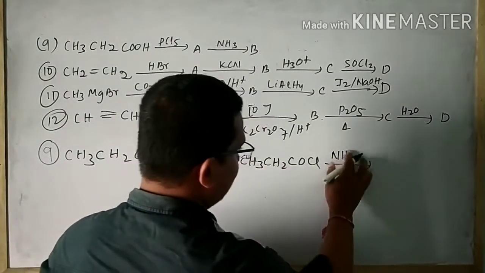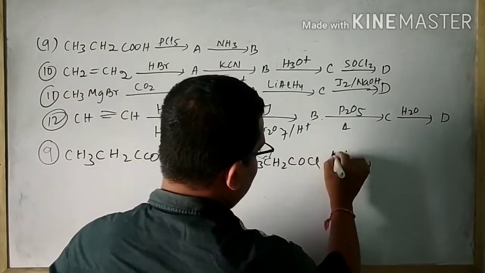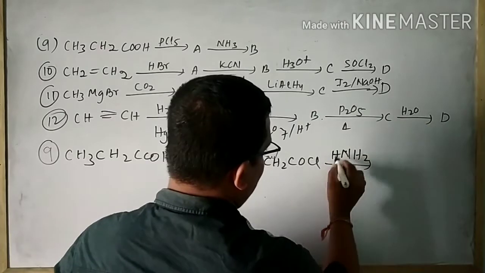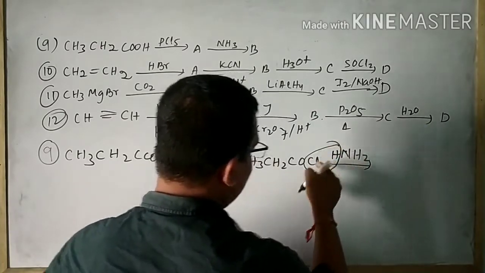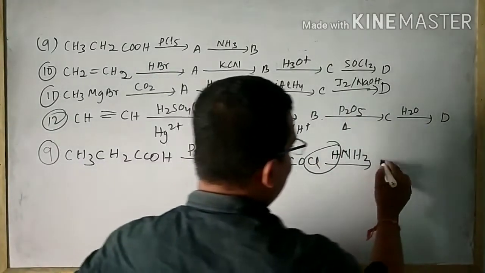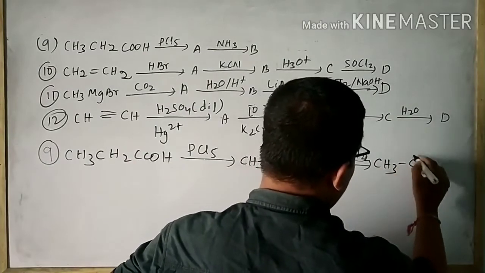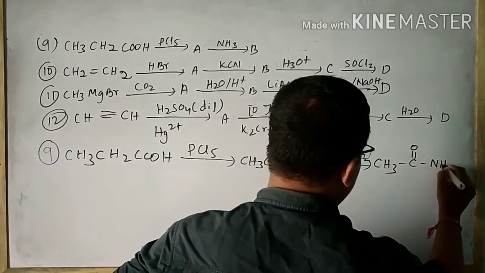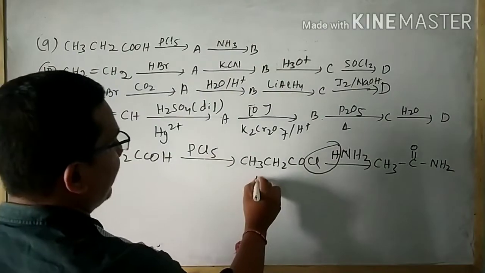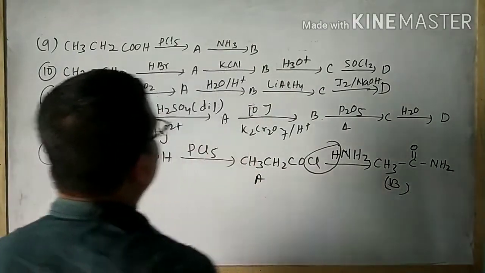Then what happens? One hydrogen and one chlorine are removed as HCl, and it gives you the acid amide product. This is said to be A, and this is said to be B.